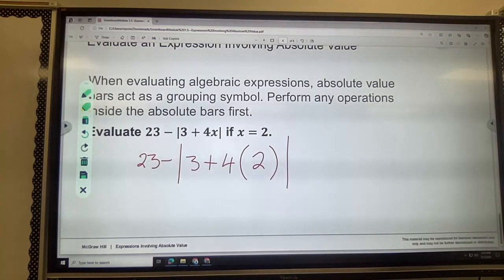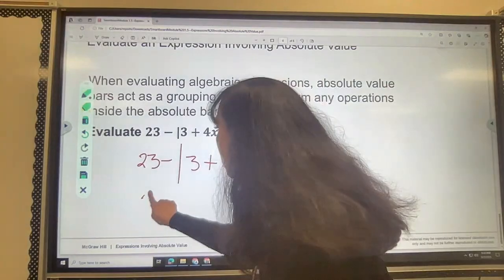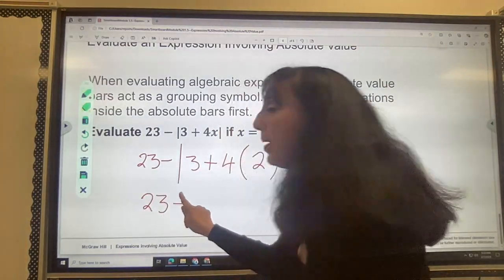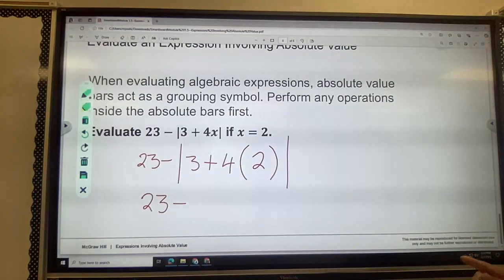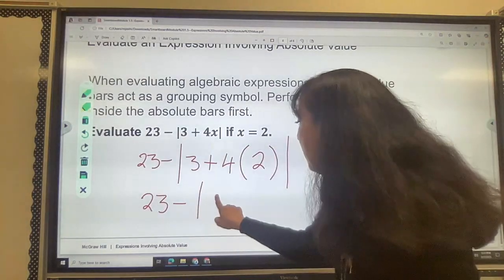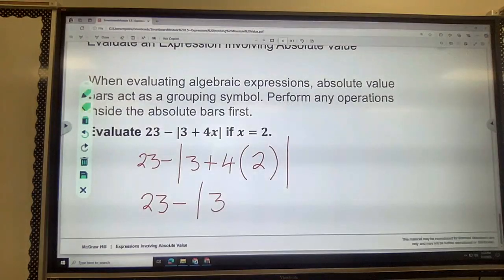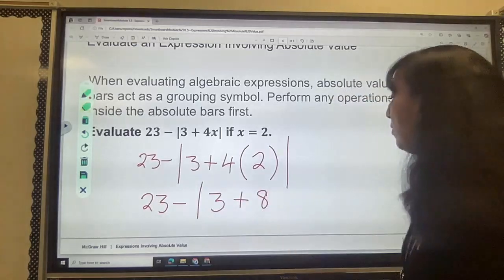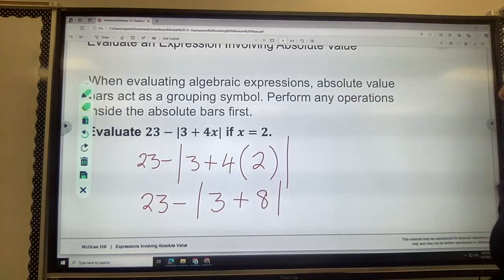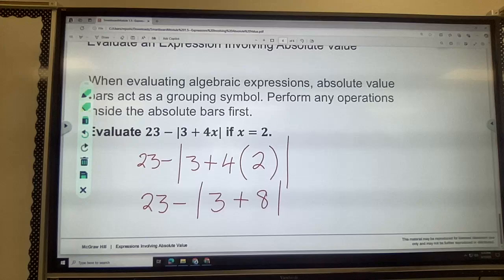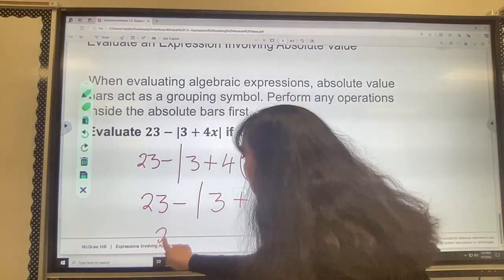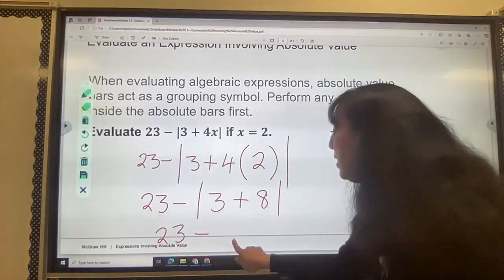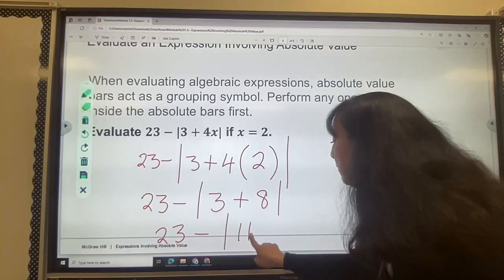Okay, so next I have 23 minus, and then we're going to put the absolute value of 3. And then what is 4 times 2? It gives me 8, right? So now, next thing I'm going to do is 8 plus 3, and that gives me 11. So 23 minus absolute value of 11.